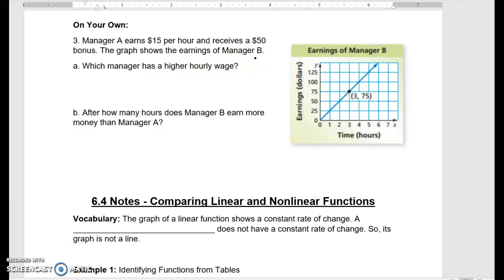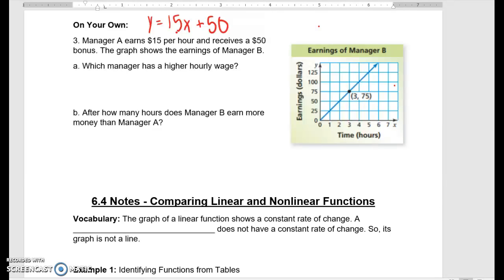So the first thing I'm going to do is they're asking on letter A, which has a higher hourly wage. I'm going to first write the equation for manager A. So if they tell me that it's $15 per hour, we know that's going to be our slope. The $50 is your starting point. No matter how many hours you worked, you're going to receive that $50 bonus. Okay, so now we're comparing slope. So we have 15 for slope here, so $15 per hour.